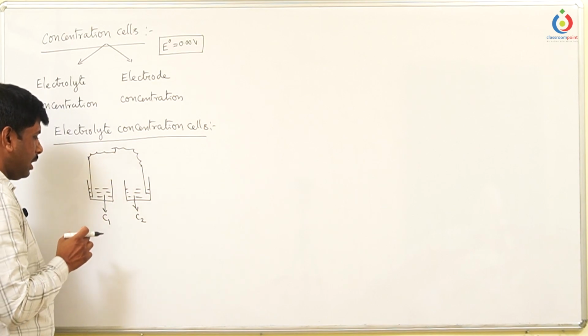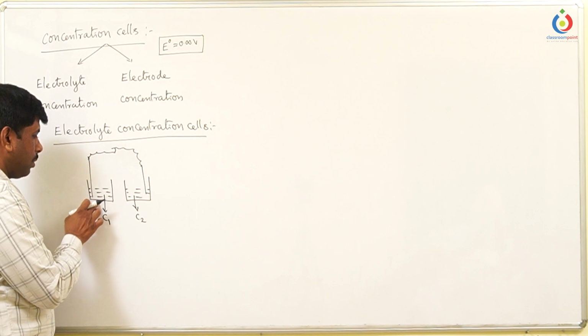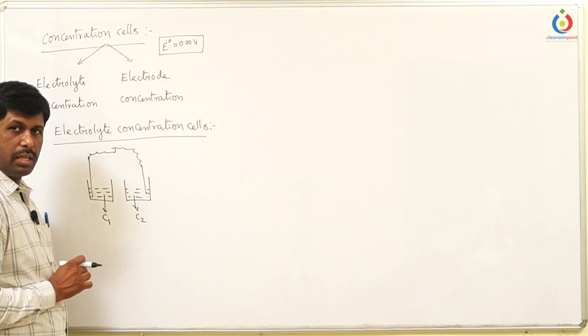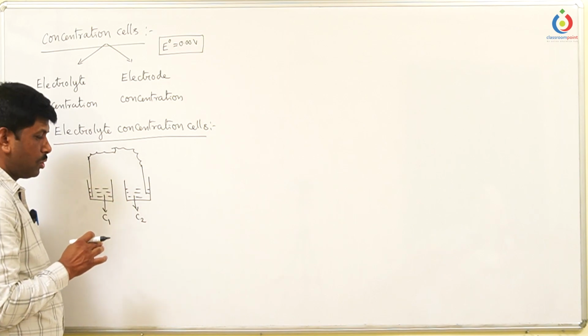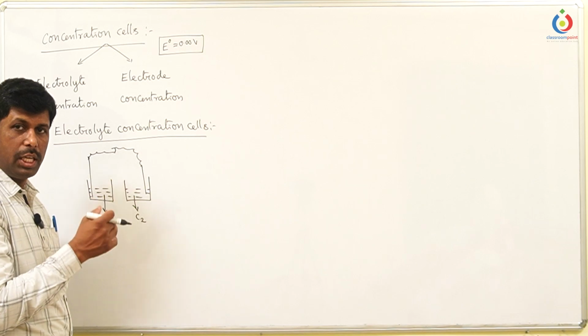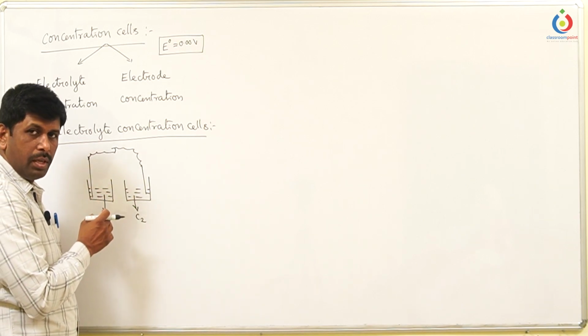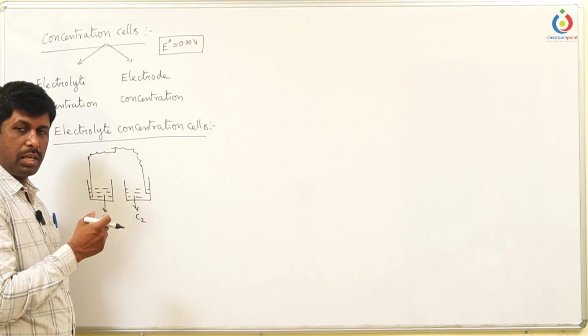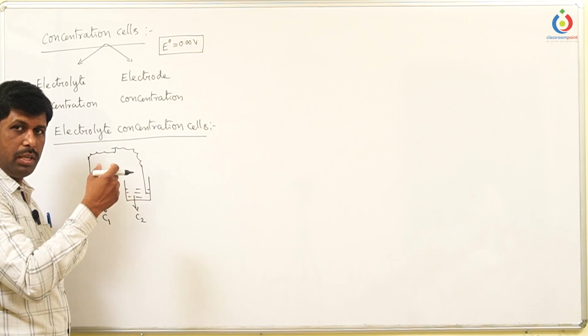Initially, there is a large difference between the concentrations of the two electrolyte solutions taken in the two beakers. But as time passes, slowly the concentrations try to become equal. Why? Because in one beaker the anode reaction takes place, so the concentration of that solution gradually increases, while on the other side it gradually decreases.